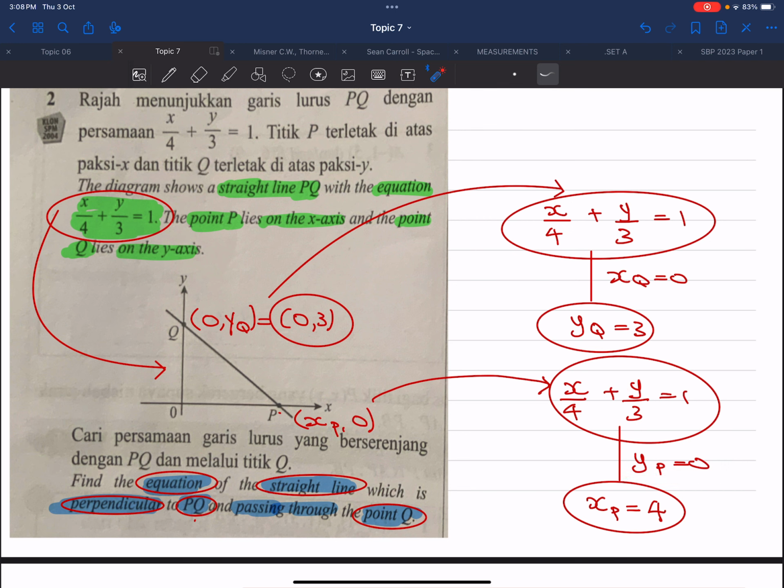The whole fraction becomes 0, so we have x over 4 equals 1. Divide by 4, bring to the other side, times 4. So 1 times 4 is 4, xp is 4. So P is (4, 0). We have got both coordinates already.